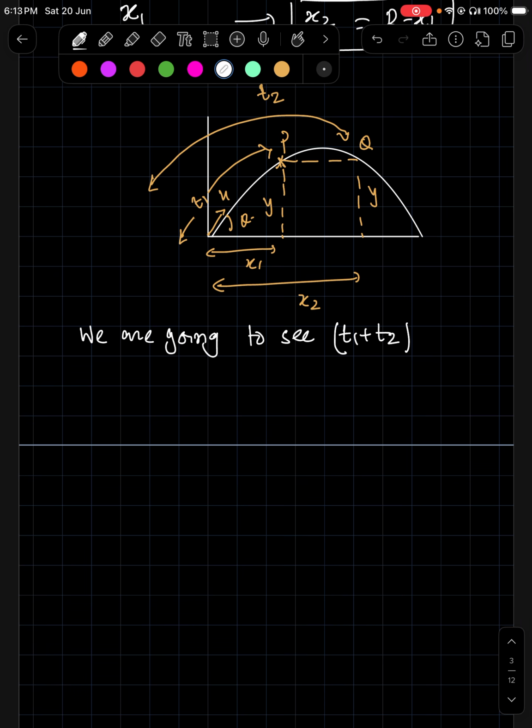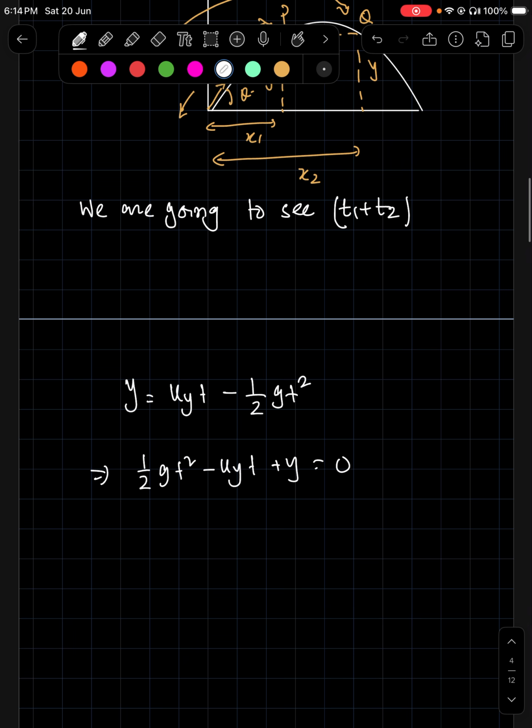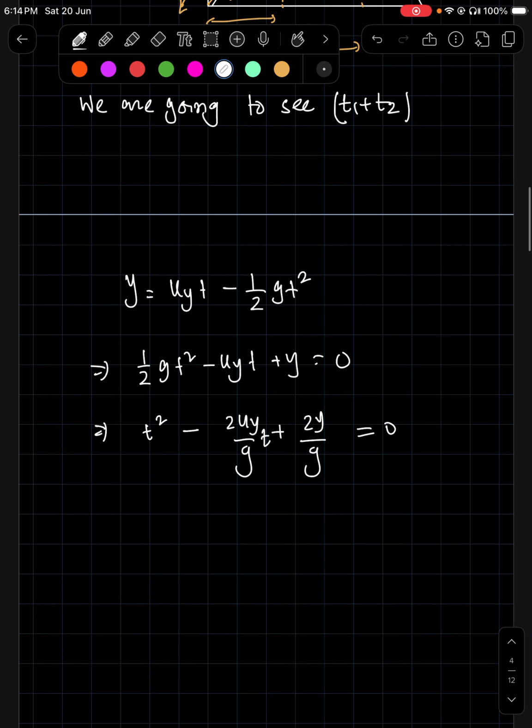The initial velocity along the y direction is u sin theta, and it participates in finding y. So y is equal to u sin theta t minus half g t square. If I rearrange the equation, it becomes half g t square minus u sin theta t plus y equal to 0. So it is a quadratic equation in t itself. Rearranging again, t square minus 2 u sin theta by g t plus 2y by g equals 0.